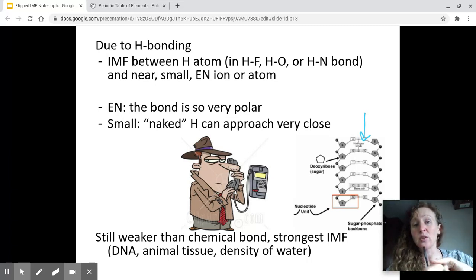And if you give the water enough time to actually find these ideal bond lengths in this hydrogen bonding, water will actually expand to form a very specific crystal that is ice. And so frozen water is less dense than liquid water.